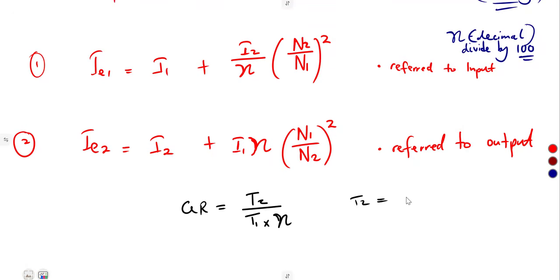T2 will be equal to T1 times this efficiency times what? The gear ratio. You just have to cross multiply. You see, I can even make T1 the subject. So it means it's what? T2 over what? Efficiency times what? Times gear ratio. That's it. I can play around with the formula.